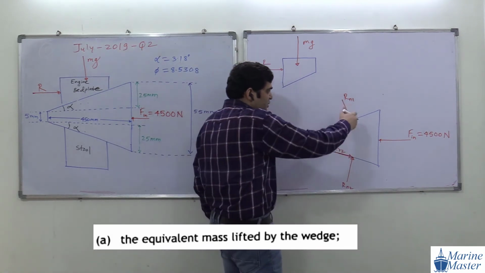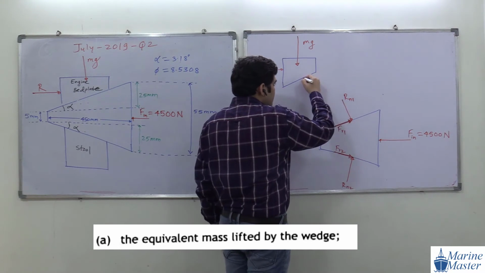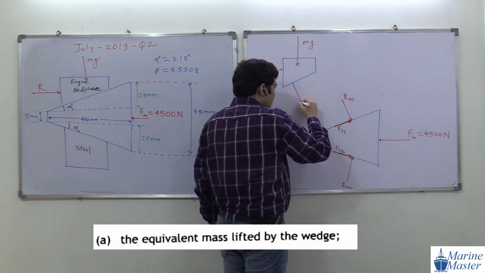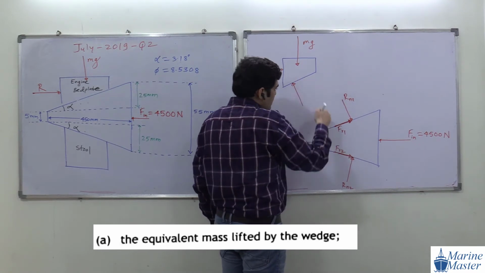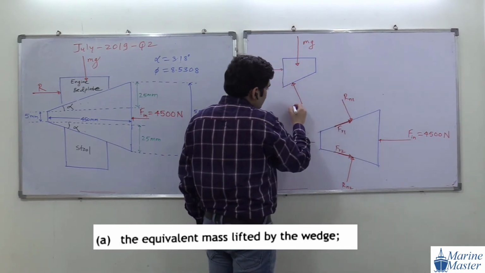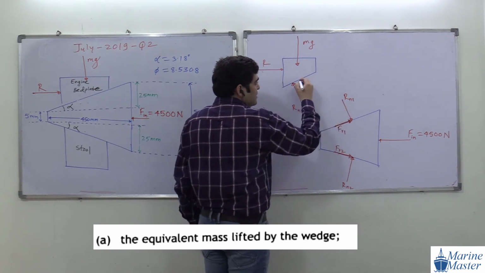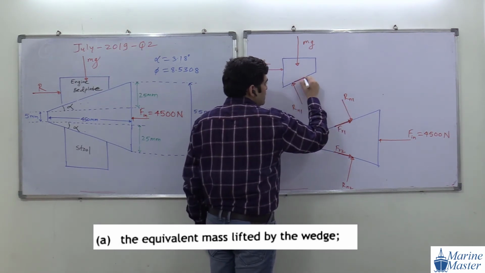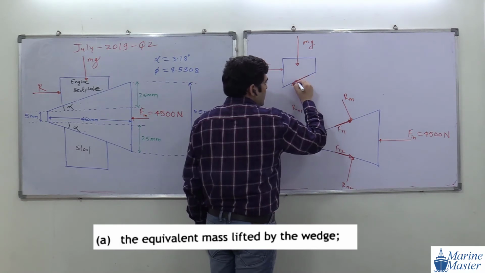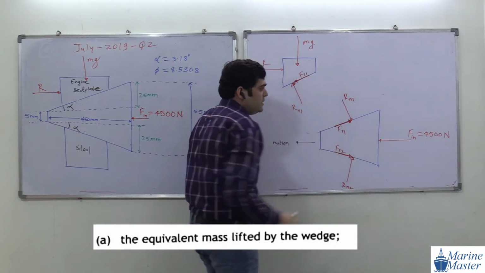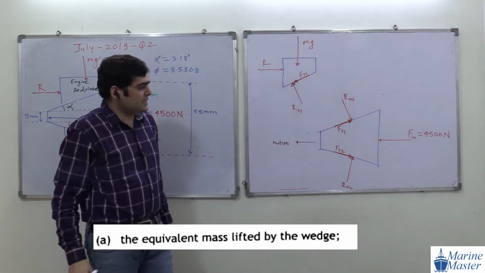So the action on the opposite side will be the reaction. So if Rn1 is this one, the same will be on this one also, Rn1, and the friction force on this side will be like this. So this one will be Fr1. Any doubt in this drawing, guys? See the scenario here.